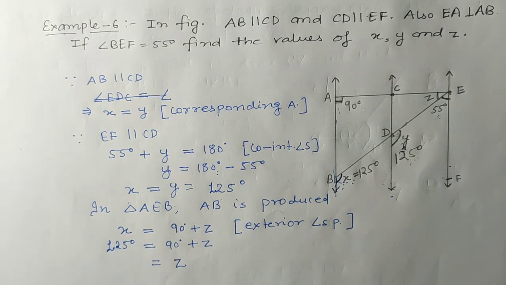Now this 90 will be shifted, and then 125 degrees minus 90, so Z is equal to 125 minus 90, that is 35 degrees.